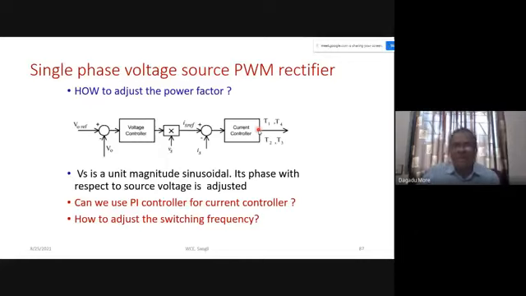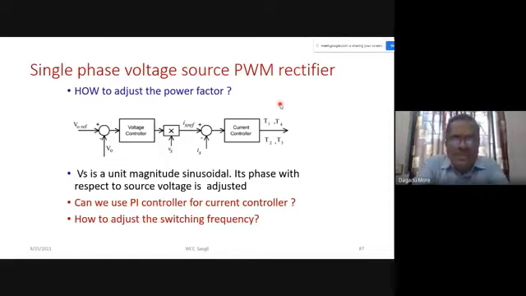But if you use a PI controller as the current controller, then its output is a DC value and it will not give the switching signal directly. From this DC voltage we have to obtain the switching signal. Think about how we obtain the switching signal for this; we can discuss it tomorrow.